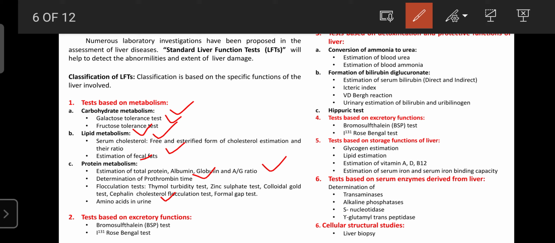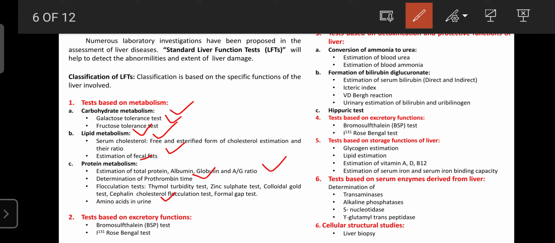Then the formation of bilirubin diglucuronide is assessed by estimations of serum bilirubin, icteric index, Van den Bergh reaction, and urinary estimation of bilirubin and urobilinogen. That is helpful to note down abnormalities in bile pigment metabolism, which is one of the functions of the liver. So that is assessed by these tests, and the hippuric acid test also.